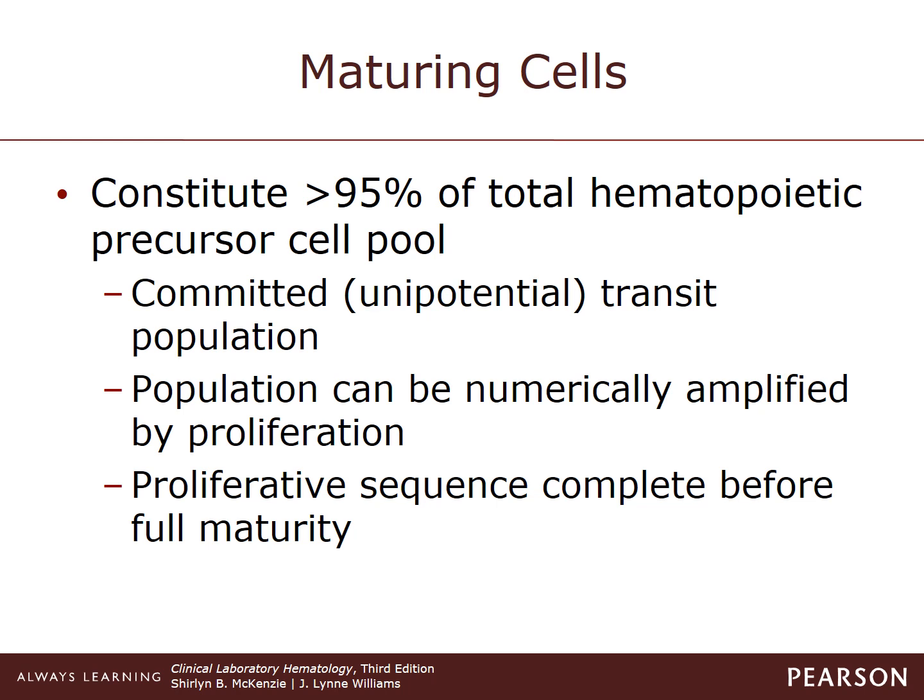The capacity to proliferate is lost before full maturation of these cells is complete. They exhibit the recognizable nuclear and cytoplasmic morphological characteristics that can be used to classify their lineage and stage of development, as you saw with the maturing cells of a neutrophil, red cell, platelet, and the other white cells.